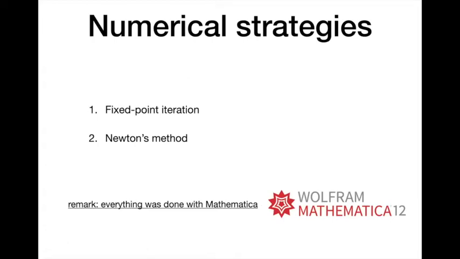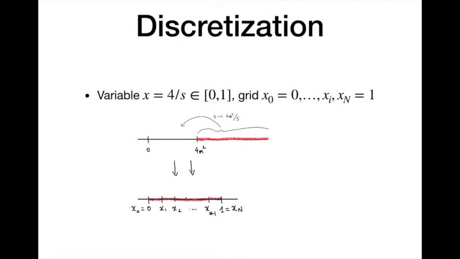Now are our numerical results, and maybe I'm going to spend more time on this than the rest. As a comment, we did everything in Mathematica so far, and we're currently using more powerful methods to solve the higher dimensional question.